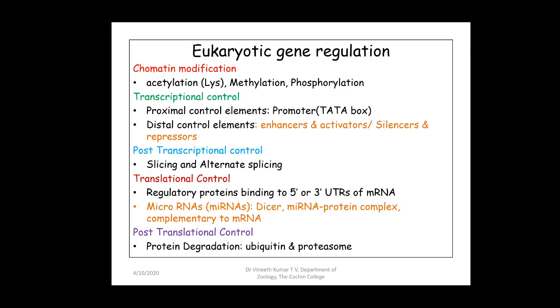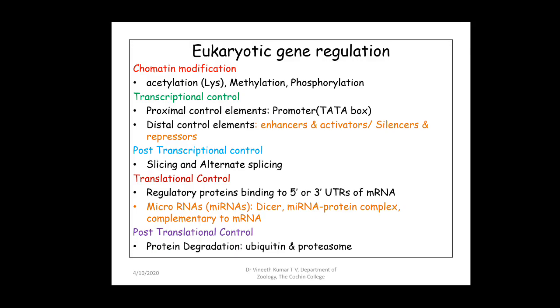The second level is when the gene is ready for transcription. The cell is going to decide whether transcription should happen or not, that is, whether the mRNA should be produced or not.